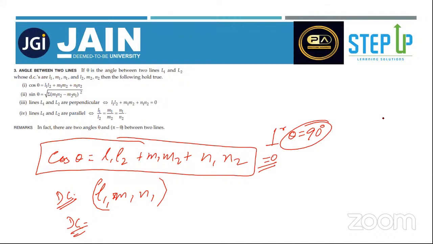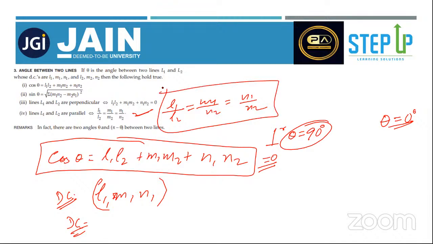If it is parallel, theta equal to 0 degrees. If theta is 0 degrees, we will get this equal to 1. So better is L1 by L2 equal to M1 by M2 equal to N1 by N2. Fine.